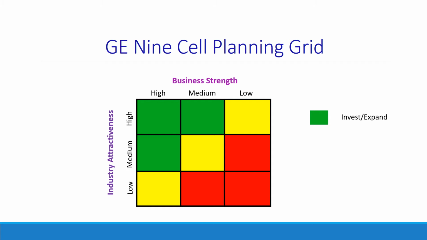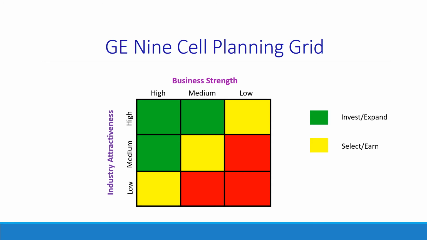So it can generate a competitive advantage for itself, which may act as an entry barrier for other firms. So this is the area marked in green. These business units can be used for further investment or expansion.